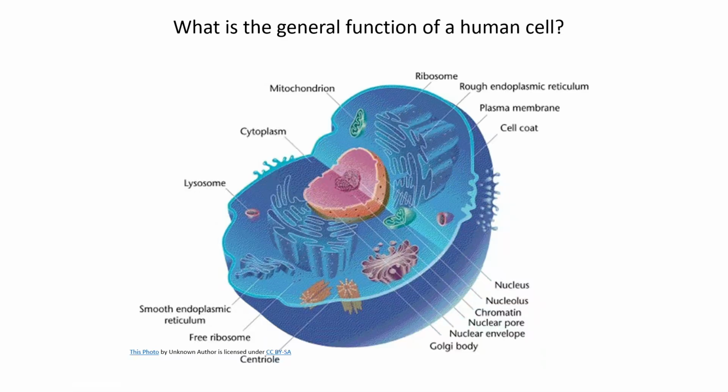A long time ago, when I was just a child in school, I used to think that cells were all the same. A lot of their anatomy is the same, but their functions are so different.